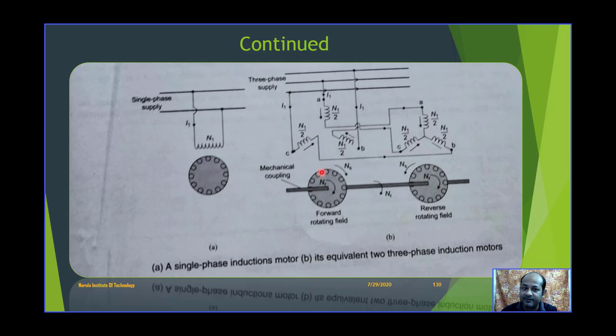So if one is rotating in the forward or clockwise direction, the other rotates in the anti-clockwise direction, but both speeds are the same, Ns. So this is the equivalent circuit of a single phase induction motor with two series-connected three phase induction motors, and magnetic coupling exists with the rotor.